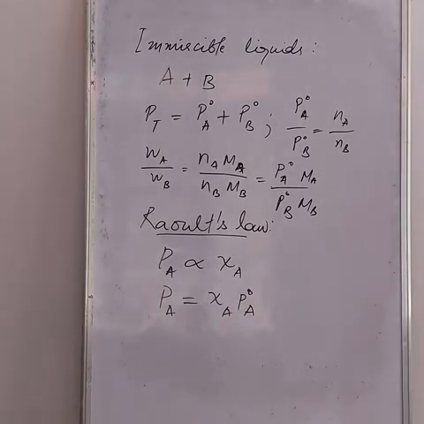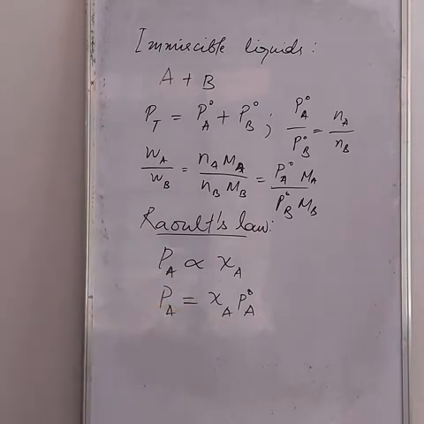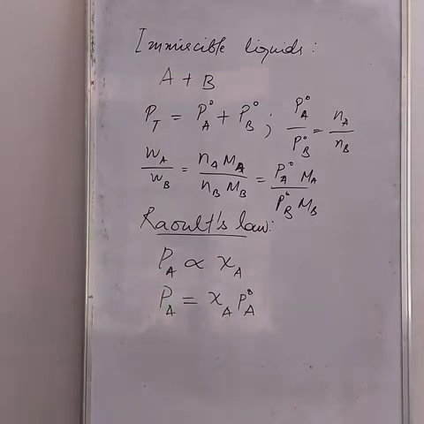Similarly, if it's a mixture between two components like A and B of a miscible solution, then the same goes for the component B also. Now if we are to determine the composition of the vapor phase, we'll try to derive it.